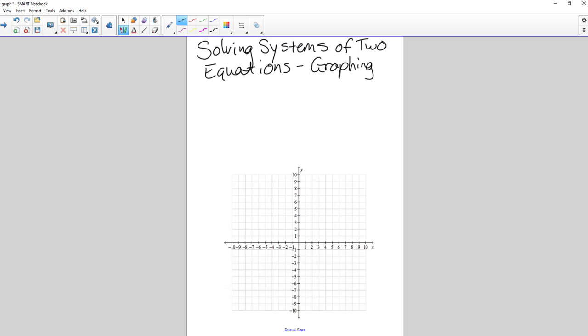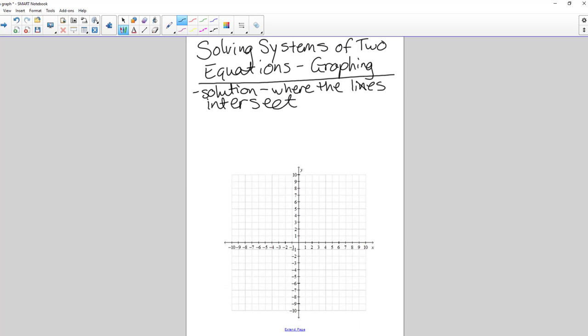There are algebraic ways too, where it's more like solving equations, but we can definitely solve them by graphing. So what we're going to do is find the solution by finding where the lines intersect. Where the lines intersect. So that point that they intersect.